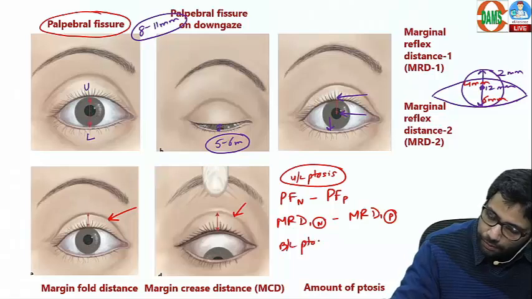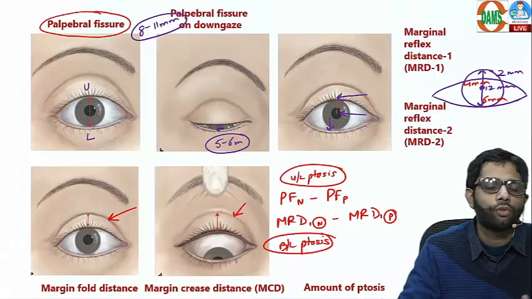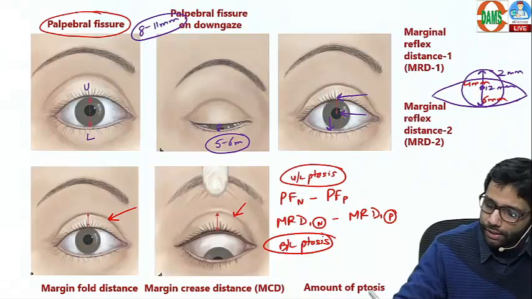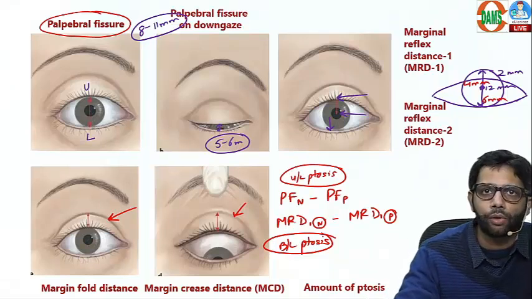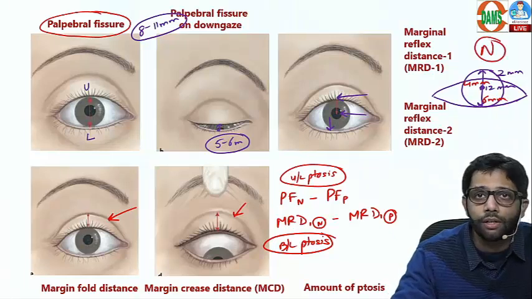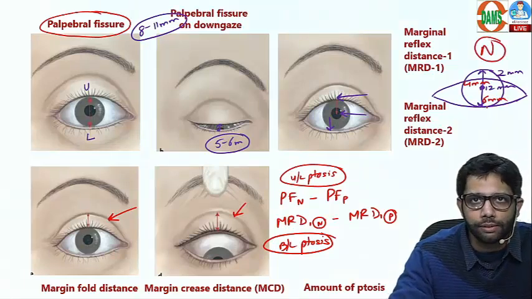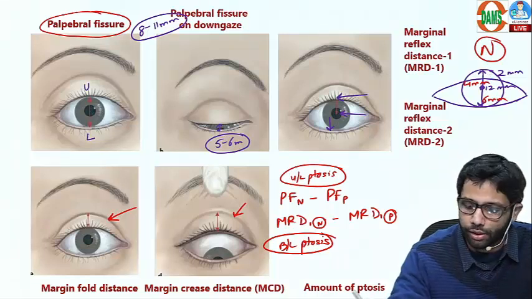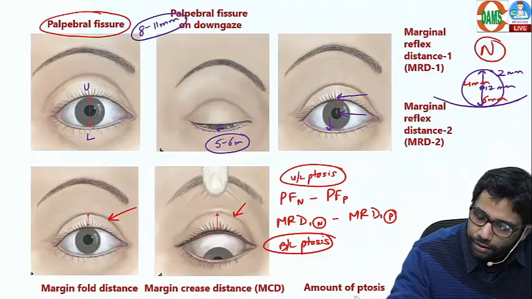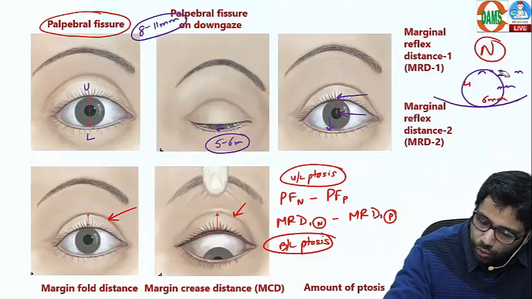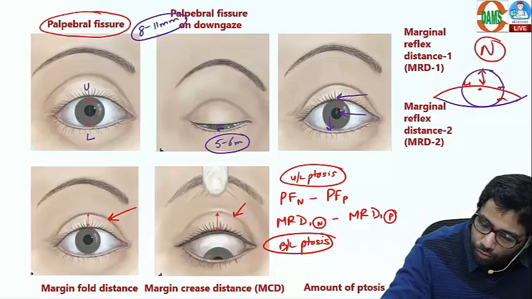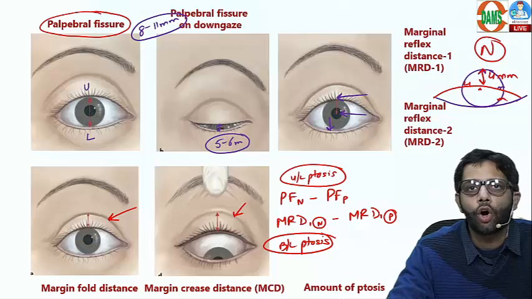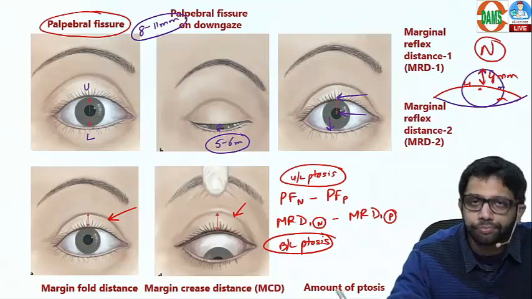In bilateral ptosis, you have to calculate from a normal. So I'll give you one example. Let us see this example only. This was a normal patient with corneal diameter 12 millimeters, and 2 millimeters should be the upper eyelid covering the cornea. If there is a patient whose corneal diameter is 12 and the upper eyelid is covering 4 millimeters of the cornea, how much will be the ptosis of this patient?